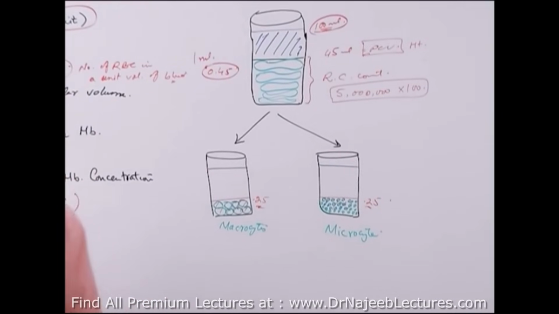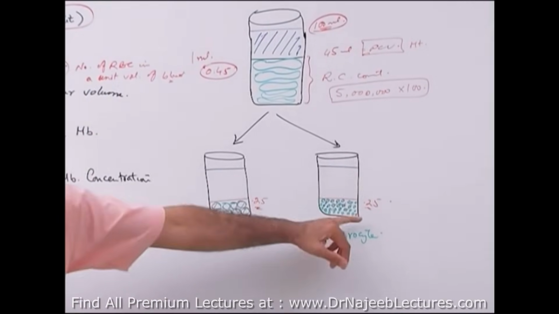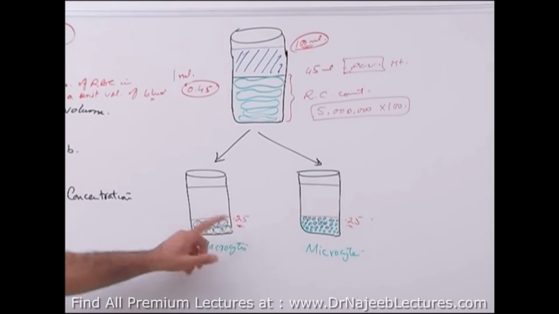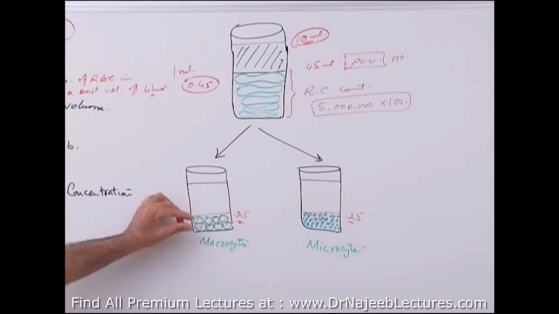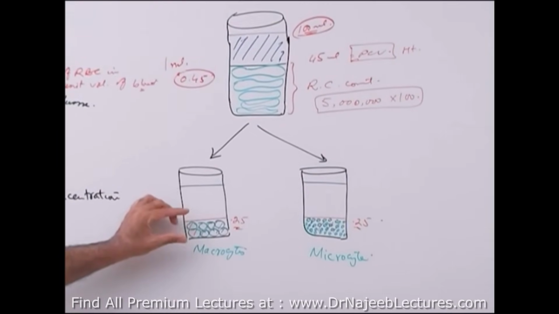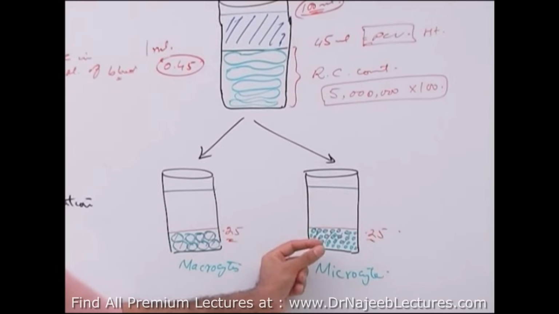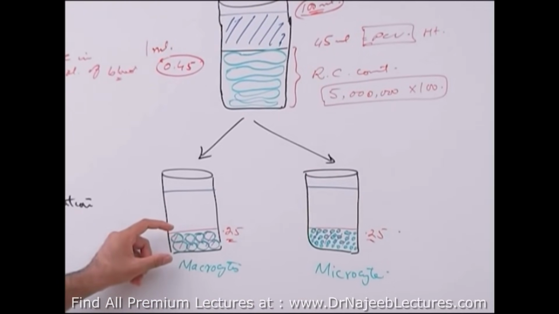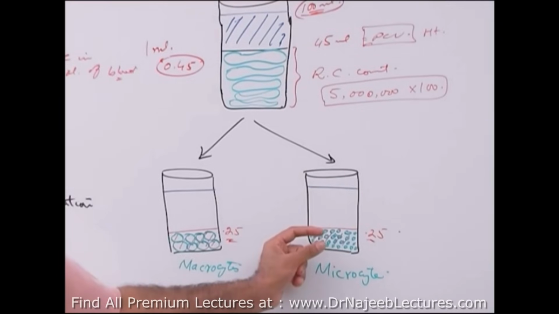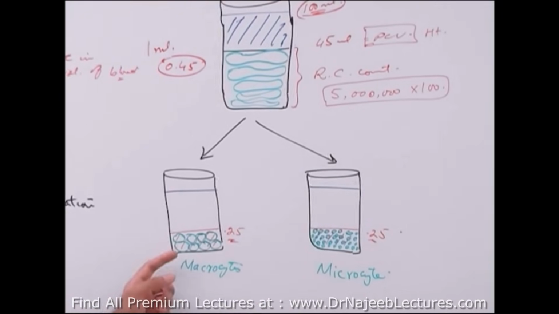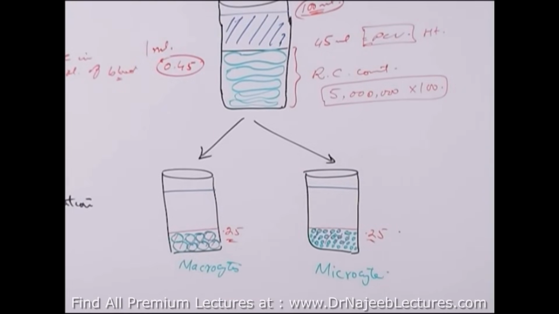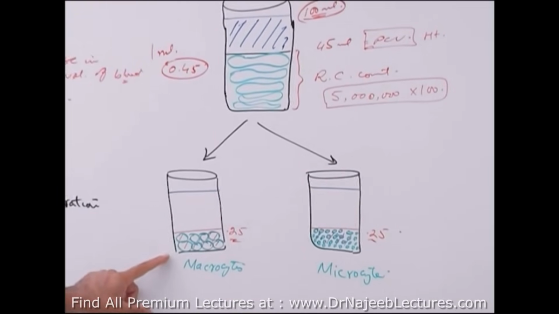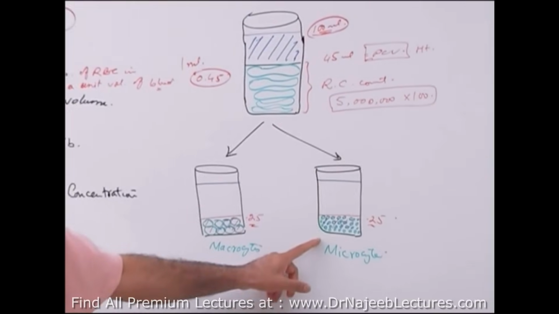It means the same volume of the blood is occupied by red blood cells in both patients. But here the individual RBC is larger, there the individual RBC is smaller. It is just like these are grapefruits, and these are small lemons. So naturally, if grapefruits and lemons occupy the same packed cell volume, then the number of grapefruits will be less and lemons will be more.